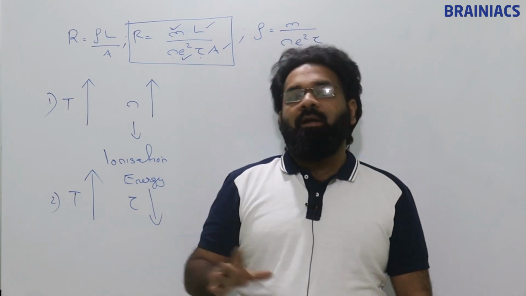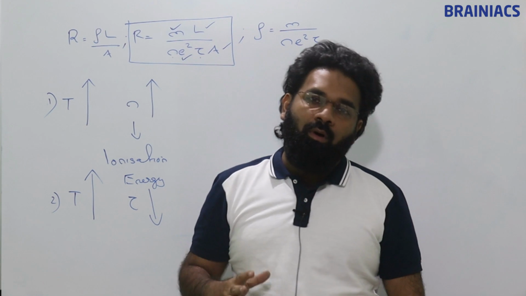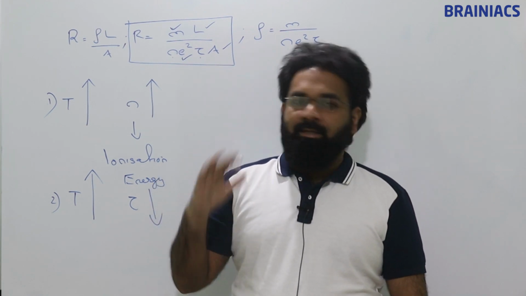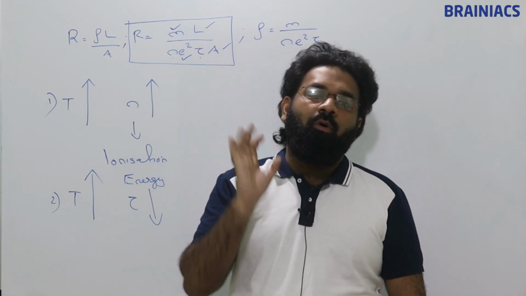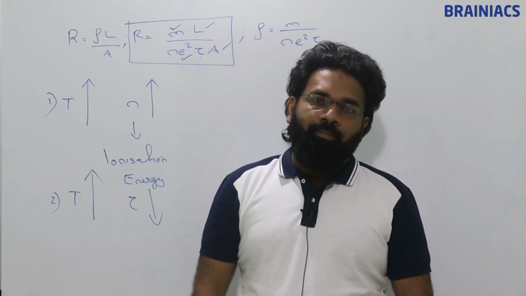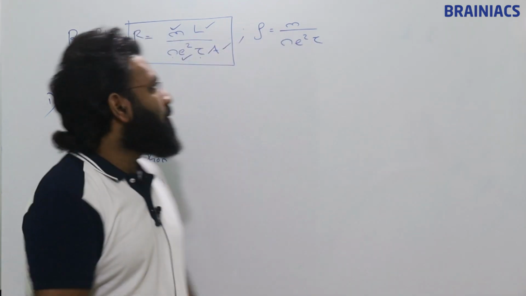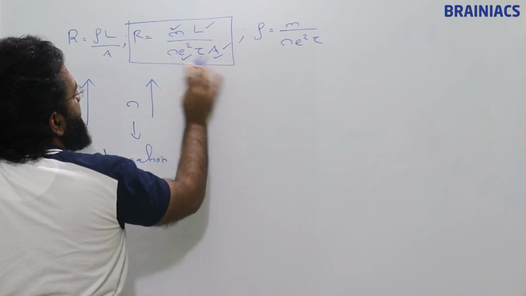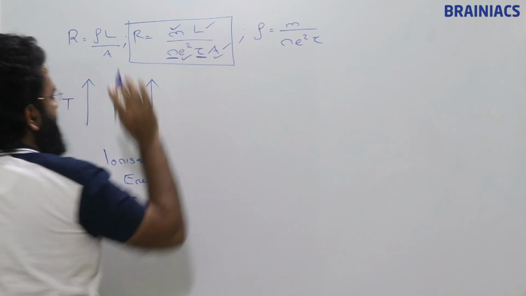But here we are neglecting it, because the change in length and area is very small and it doesn't affect overall resistance at all. So we are neglecting it. All these we consider as constant. Only number of electrons and relaxation time matter.